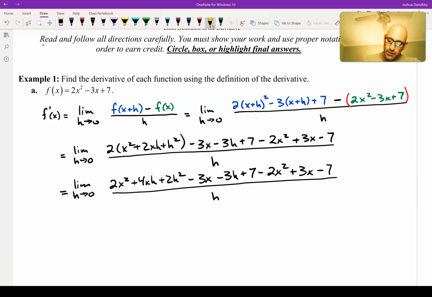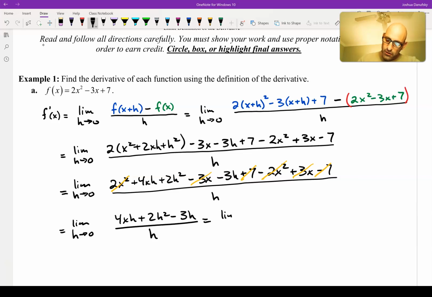So we get some cancellation here, the 2x squared with the negative 2x squared. We have a negative 3x and a positive 3x, a positive 7 and a negative 7. So all those are gone. And now we're left with the limit as h approaches 0 of what? 4xh plus 2h squared minus 3h all over h.